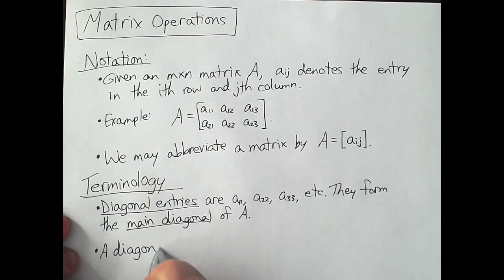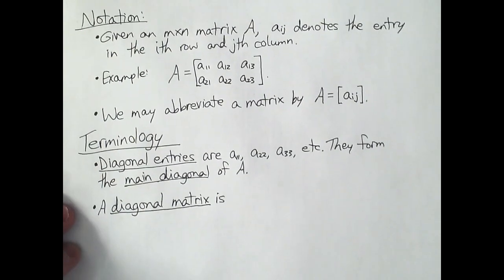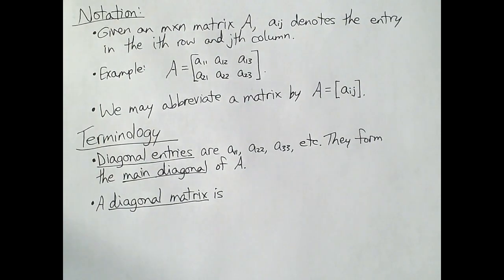A diagonal matrix is... What do you think a diagonal matrix is going to be? I mean, every matrix is a rectangular grid of numbers. You know, it could be a square, or it doesn't have to be a square. But we can't really have a matrix that's a shape other than a rectangle.